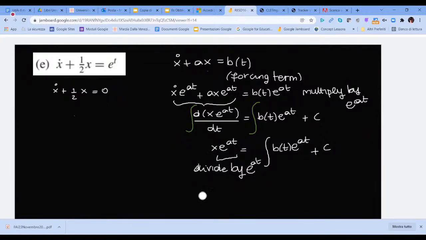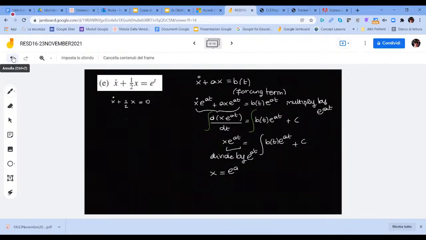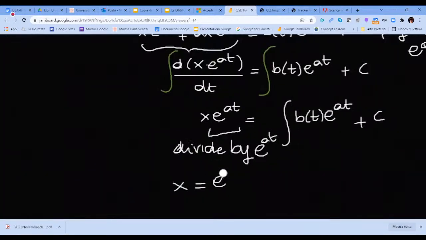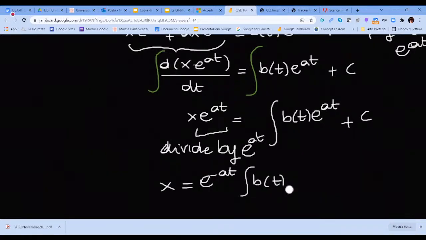So that means that x is equal 1 over e to at, it is e to the minus at, multiplied by everything as it was before.